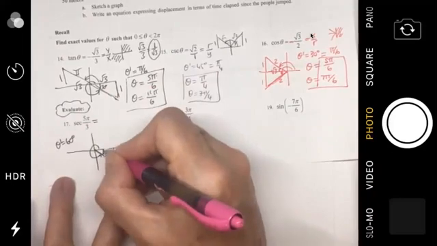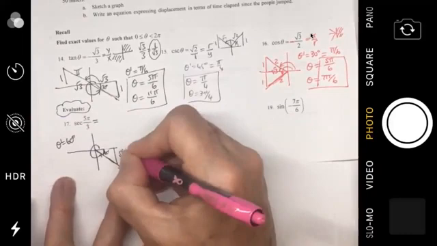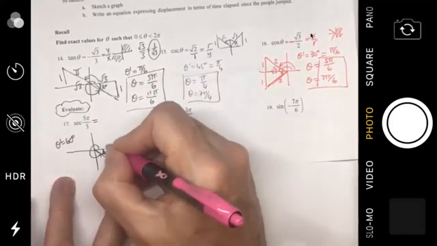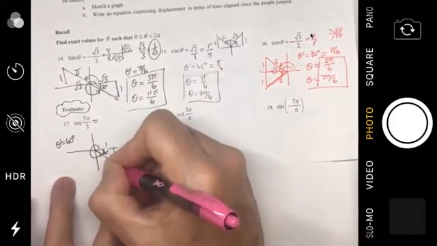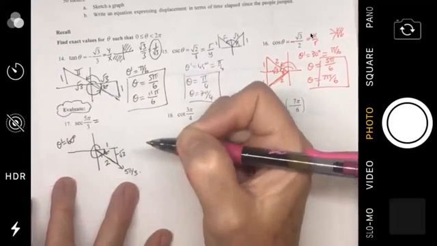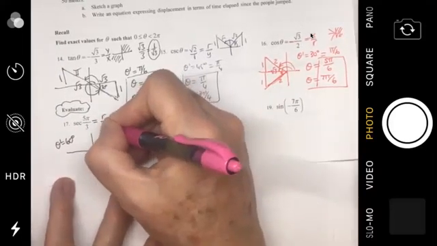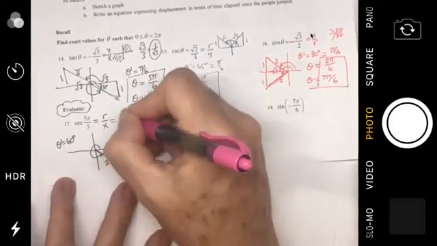So if this is a 60-degree triangle, this would be the square root of 3, but we're going down, so it's negative. And the x would be 1, positive, because we're going to the right, and the r would be 2. Secant is the ratio of r divided by x, so it's simply 2 divided by 1. Well, that was easy.